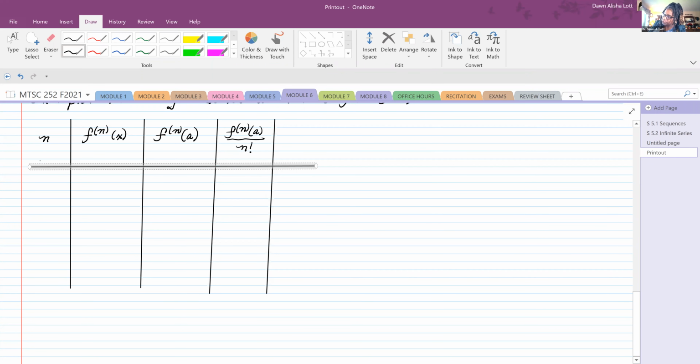So if my function is e to the x, taking no derivative of it, I get e to the x. A for us is 0. So therefore, take e to the 0, that is 1.